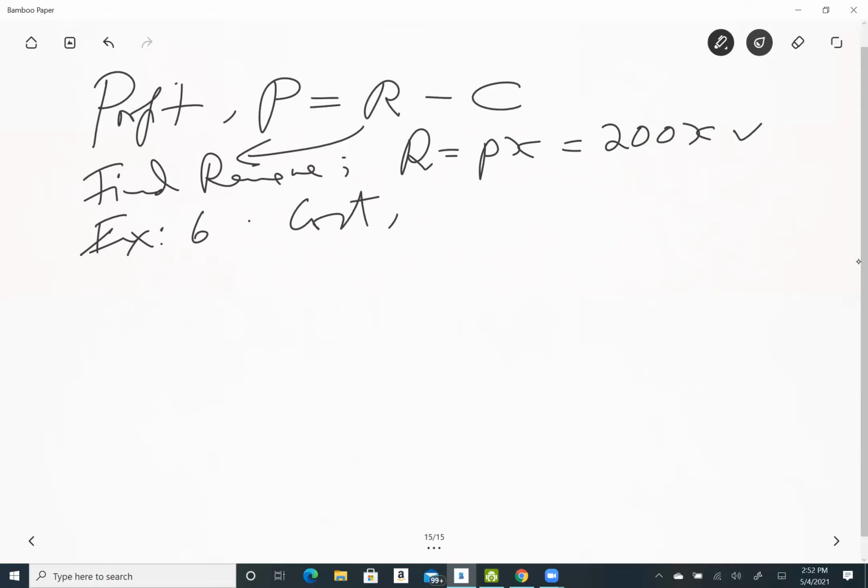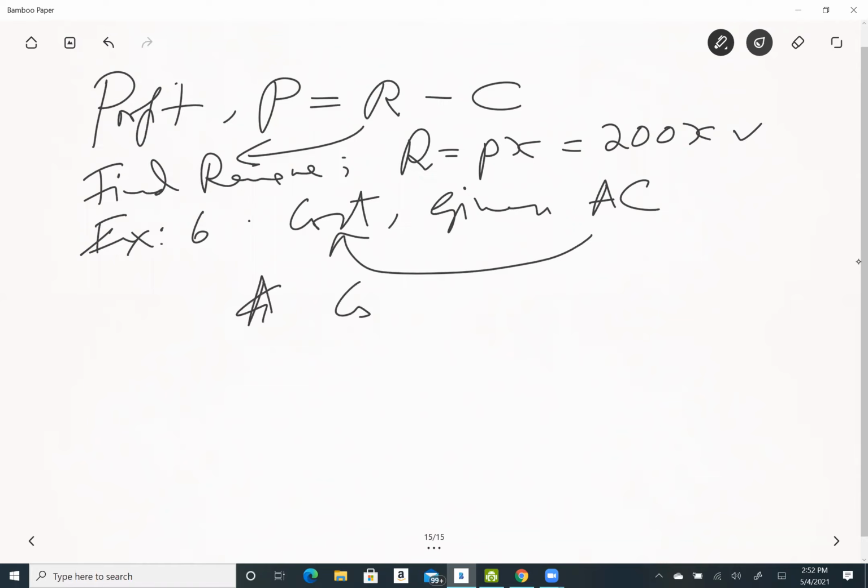How do you find cost? If you look at the example, what is given there? You are given cost per unit, which is average cost, AC. So how do you get cost from average cost? Let me ask another way.